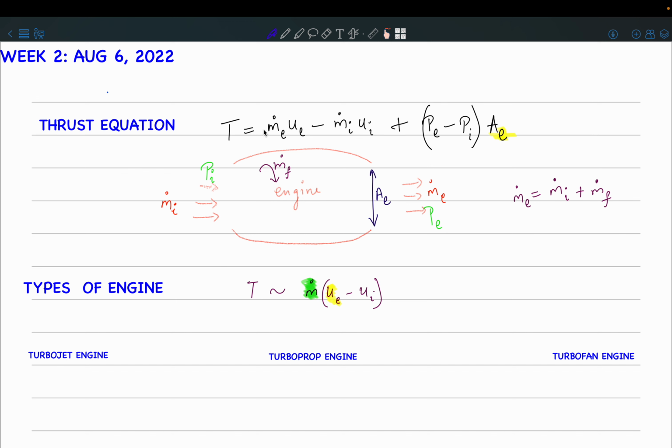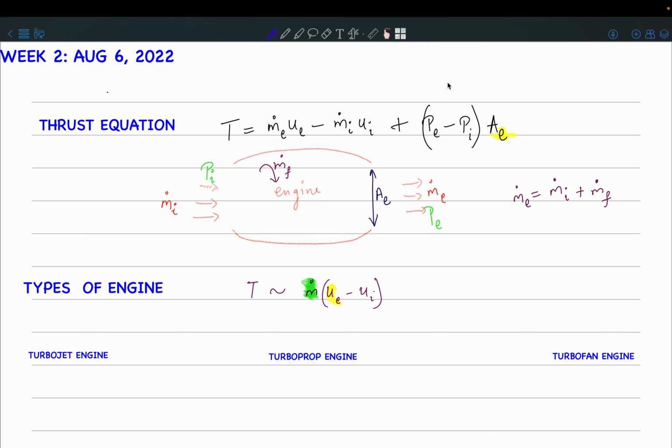So you have m dot E into UE, which is basically the mass flow rate at the exit station and the velocity of the air at the exit station, that is UE. And from that you will subtract m dot I into UI, where I is basically the initial or the inlet station. And then you also have this pressure term.